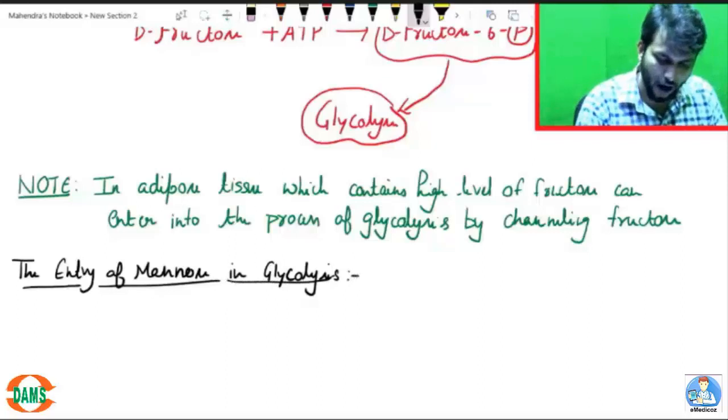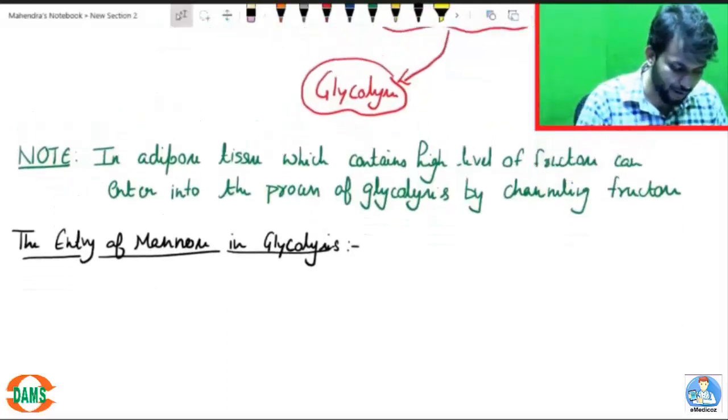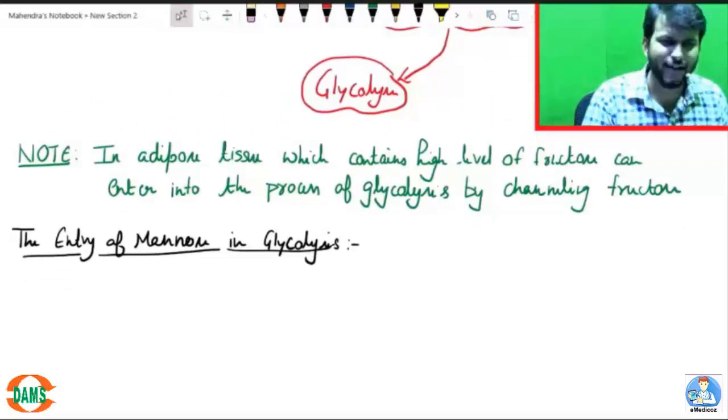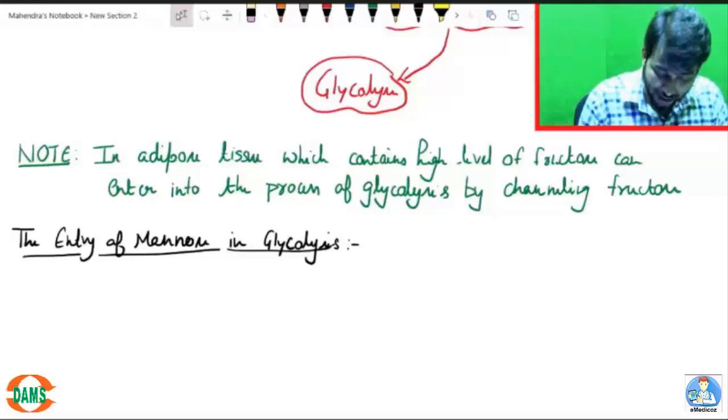So how can mannose enter into the process of glycolysis? As we know, fructose is a simple sugar, not a disaccharide, it's a monosaccharide.